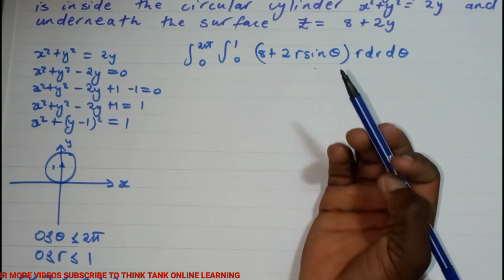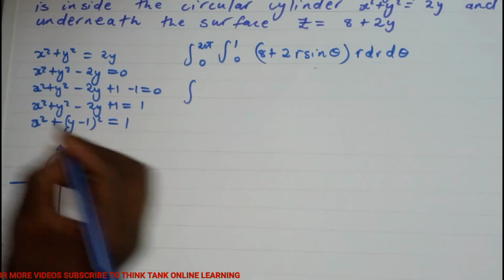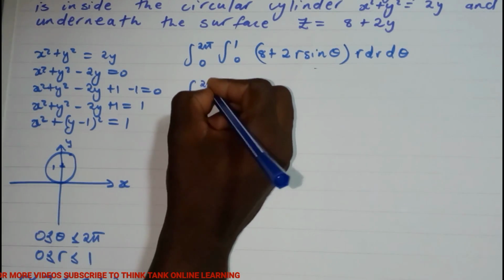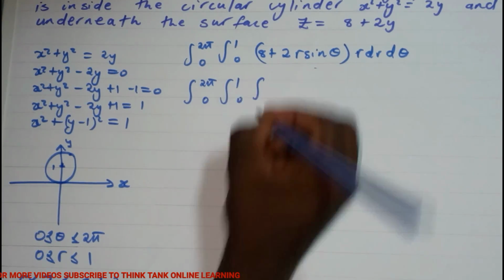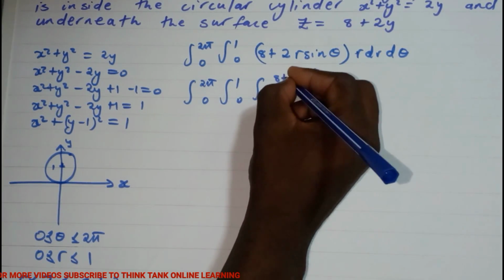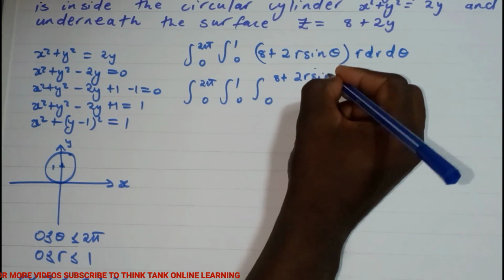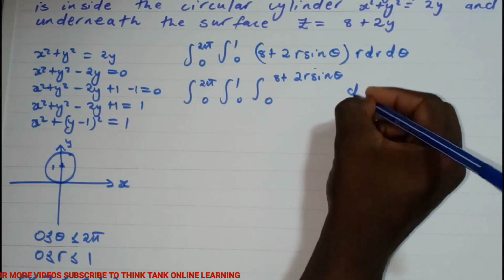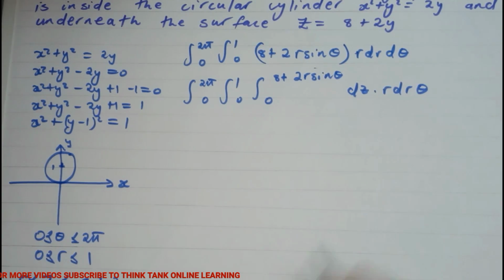What if we want to use the triple integral? We have 2 pi to 0 for theta, 1 to 0 for r, then for z we have 0 to 8 plus 2r sine theta, dz, then r dr d theta.